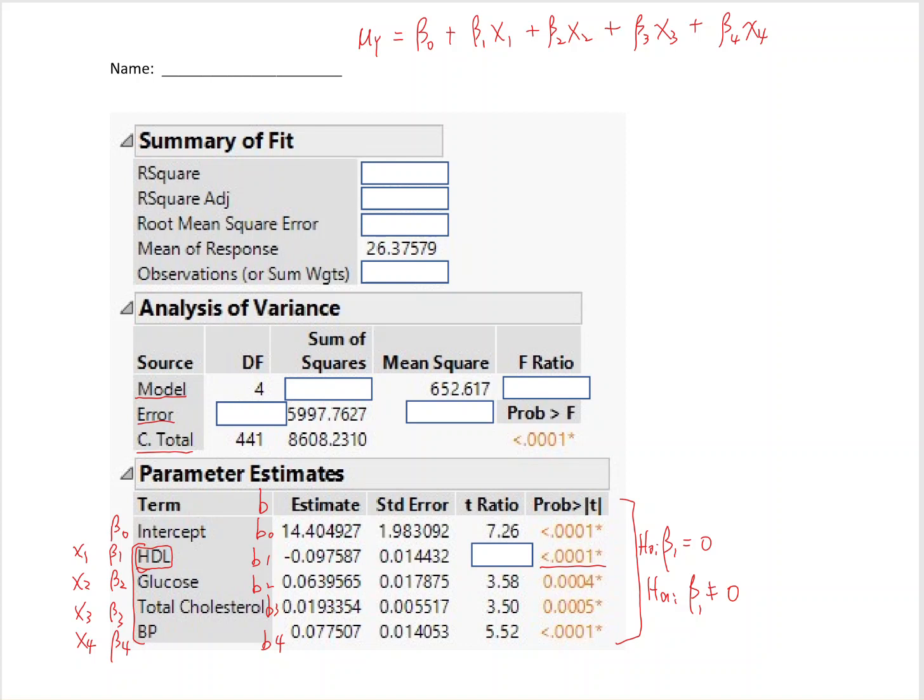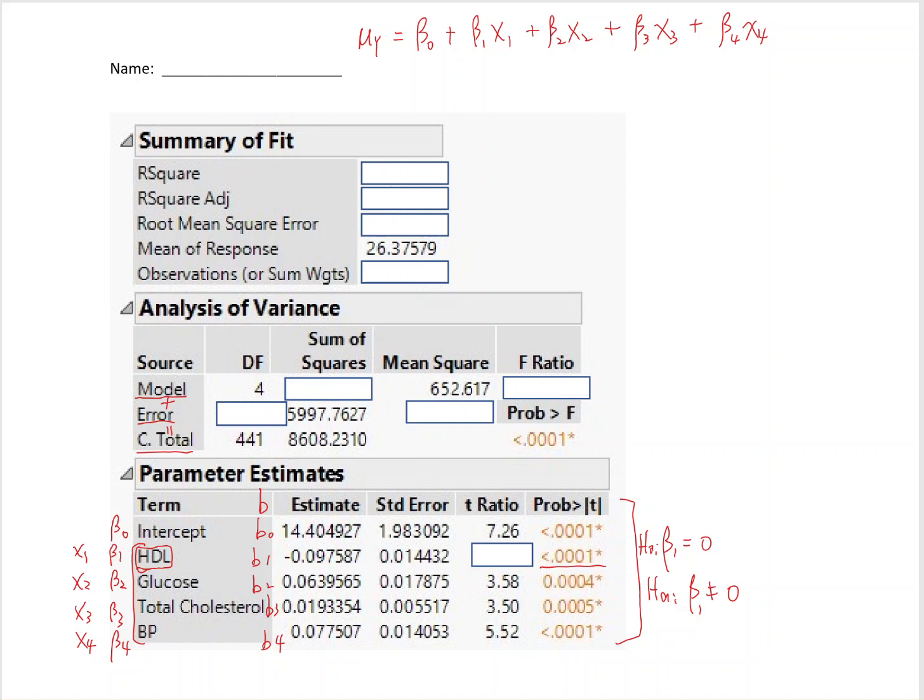The relationship is that model plus error equals total. Similarly, for the first column, the degrees of freedom for the model plus the degrees of freedom of error equals the degrees of freedom of total.